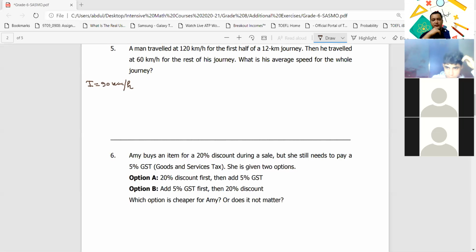No, it is wrong, Ibrahim. We don't find the average speed like this, right? What is average speed? Average speed is total distance traveled over total time taken.